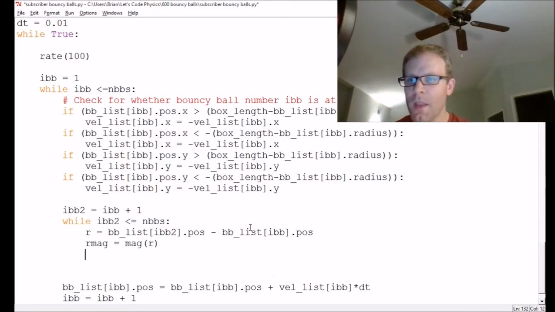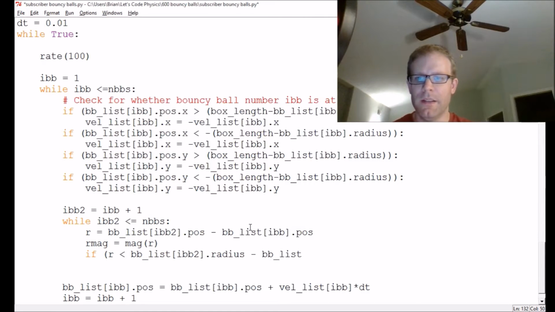There we go. And so now we're going to run an if statement, and we're going to check whether the distance between the two is less than the difference in their radii. So that's going to be stored as bbList[iBouncyBall2].radius minus bbList[iBouncyBall].radius.